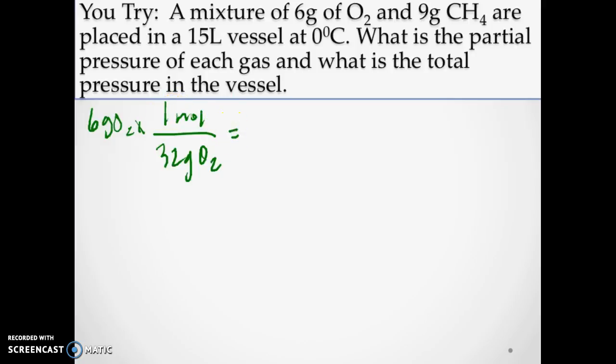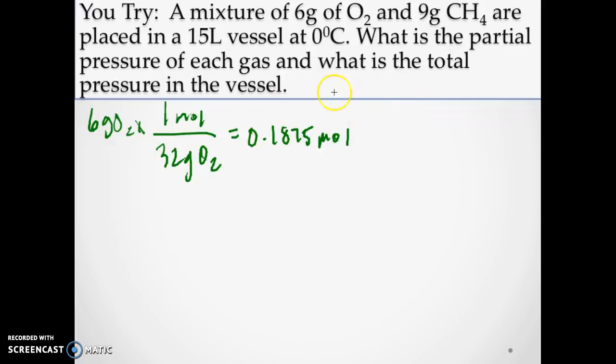So that's going to give us the moles, and you're supposed to get 0.1875 moles.